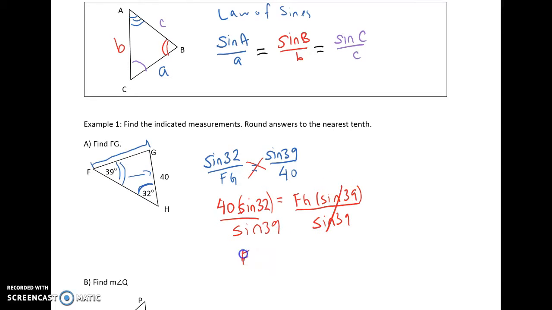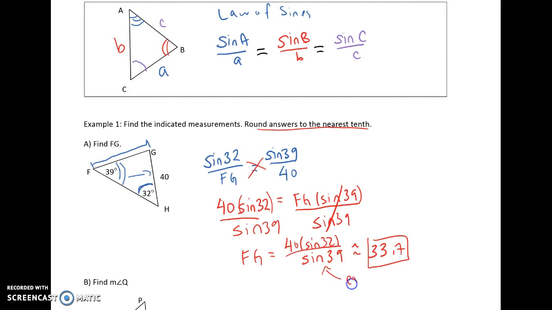And FG will equal 40 times sine 32 divided by sine 39. There's your exact answer, and I want to round to the nearest tenth. So throw that into your calculator and see if you get about 33.7. Again, try to do your exact answer first because I want to see what's going into your calculator before you put it in your calculator.